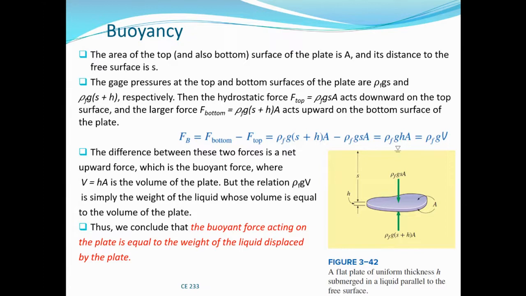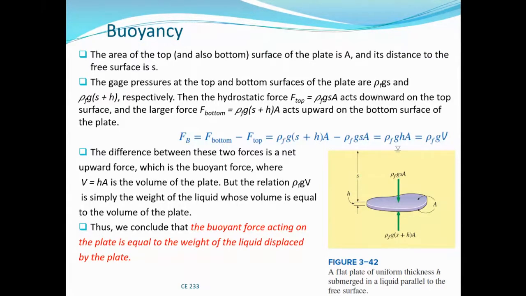Now, let's evaluate the gauge pressures at the top and bottom surfaces of the plate. The gauge pressure, that's the pressure above atmospheric, acting on the top as well as the bottom. At the top is going to be the pressure due to the height of the fluid, whose distance is S, isn't it?